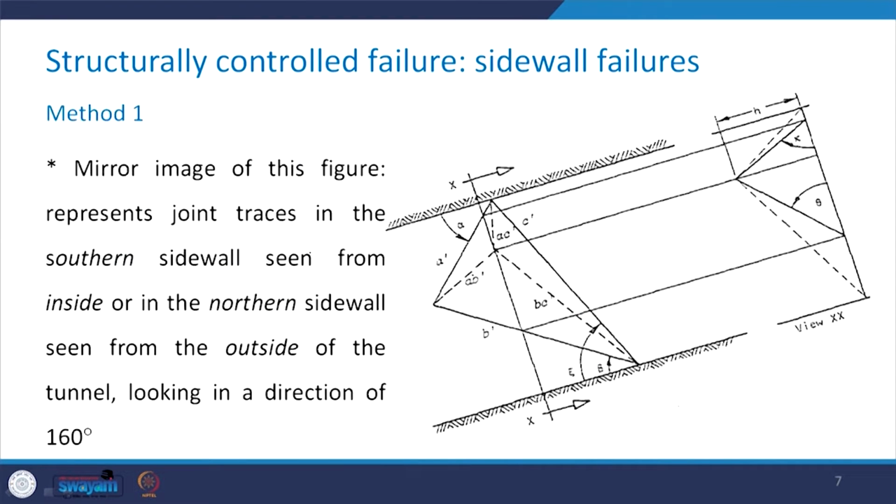The mirror image of this figure is going to give us the view of the joint traces in the southern side wall seen from inside, or in the northern side wall seen from the outside of the tunnel when we look in a direction of 160 degree. So, this is different from what we had earlier.